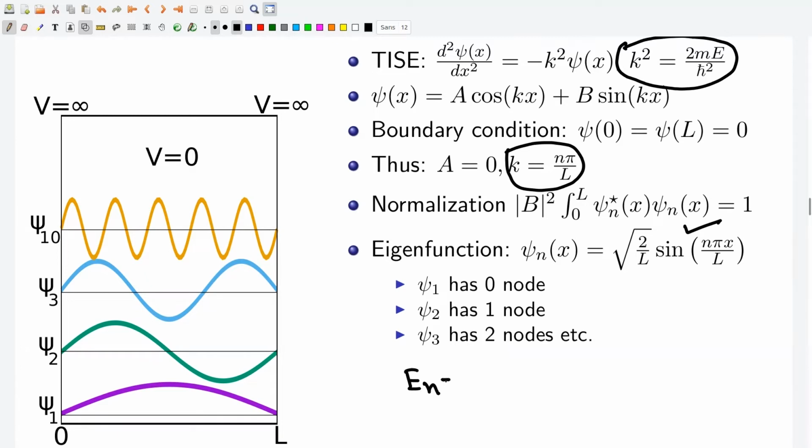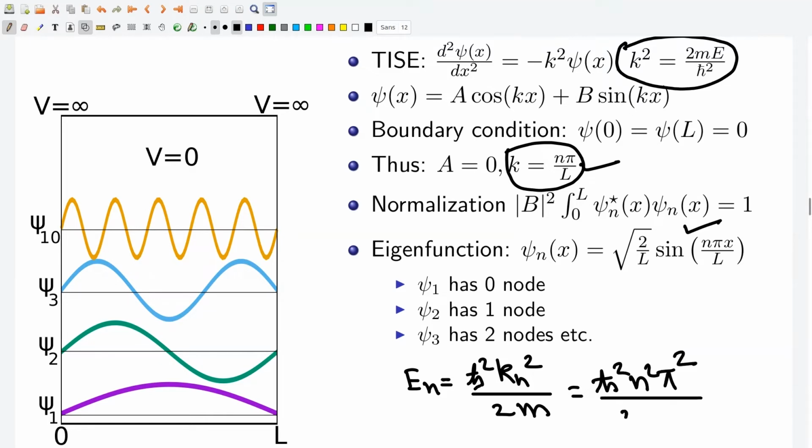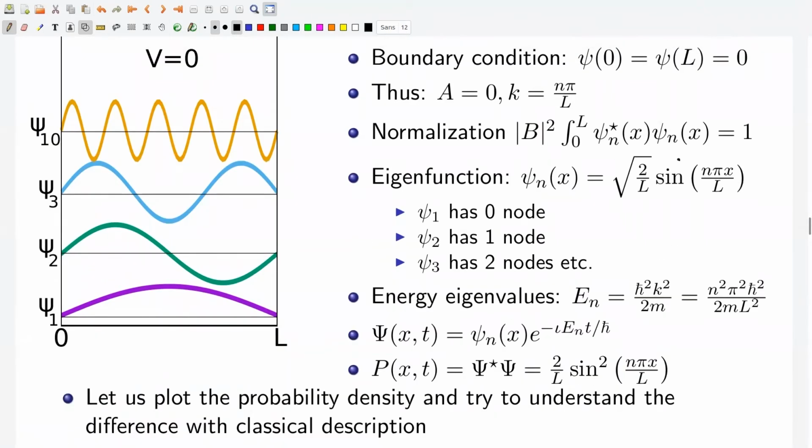Thus, E n is equal to h cross square k n square by 2m, and now we know the allowed values of k are given by this, and thus we can write this as h cross square n square pi square by 2m L square, the eigenfunctions as well as eigenvalues.